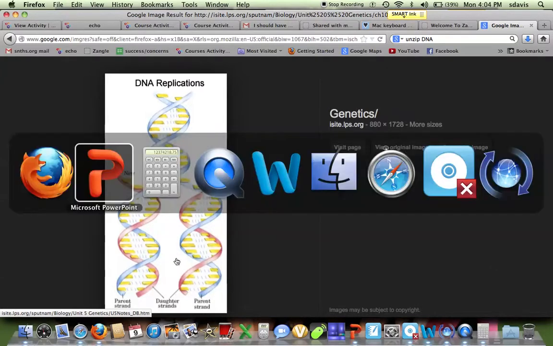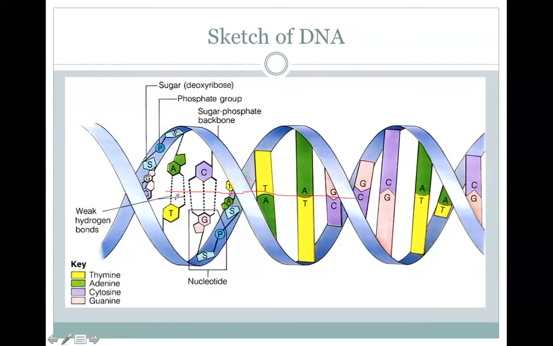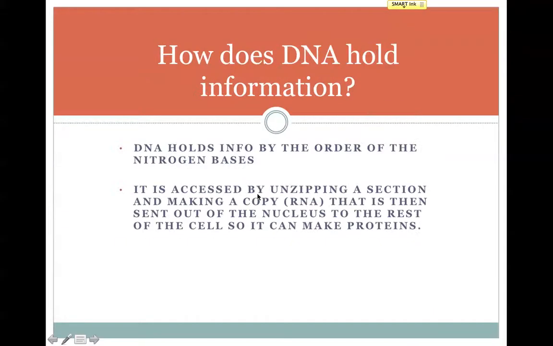And so when you look at this picture where it's going to be cut, this specific order is really important. Maybe I only want to access this small section because it's going to make the hormone that tells me I'm hungry. Well, you don't need the whole darn DNA, you just need a small section. And so when you're looking at how is information accessed, it's by accessing a specific section.